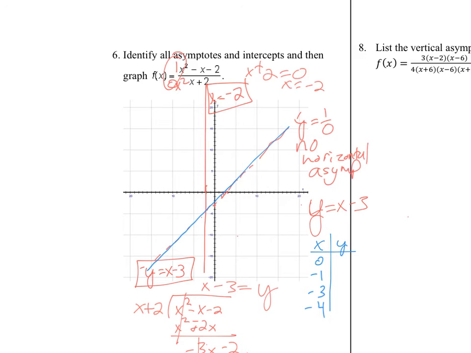If x equals 0, I get -2 over +2, which is -1. So I have 0, -1. It's actually right down there, just above the line. I know it's hard to see.